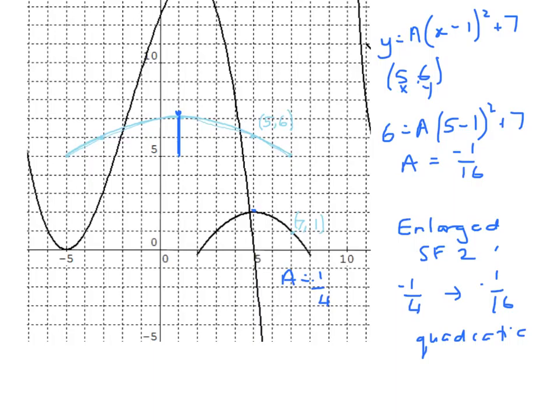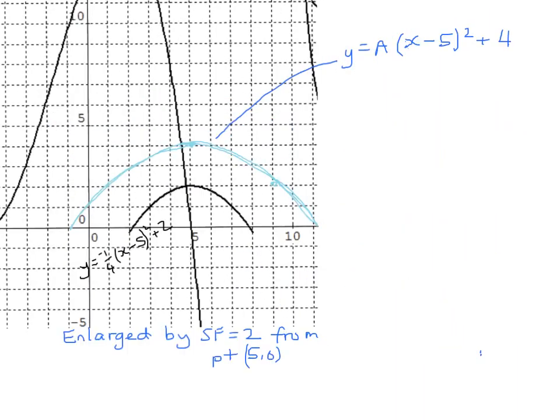Now we'll take another look at an enlargement. This time, in this last example, I want to show what an enlargement looks like and the effect of the enlargement on the relationship when we enlarge the whole graph by a scale factor of 2. So my centre of enlargement is here at (5, 0), and I've enlarged it.